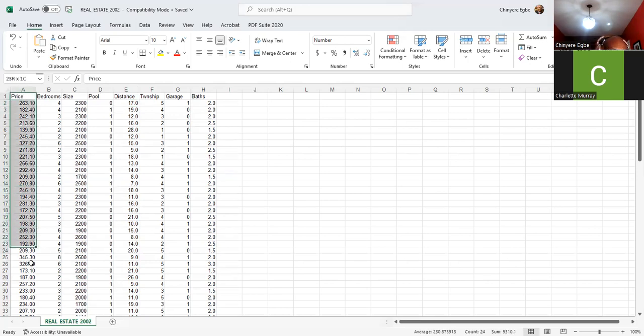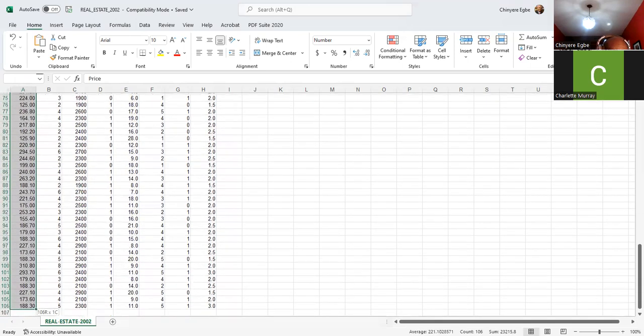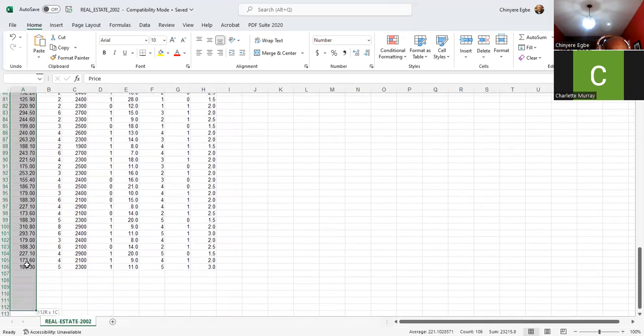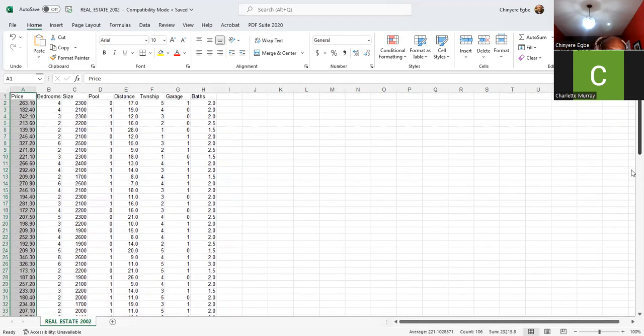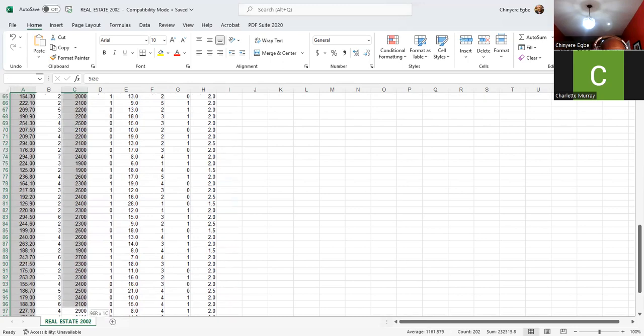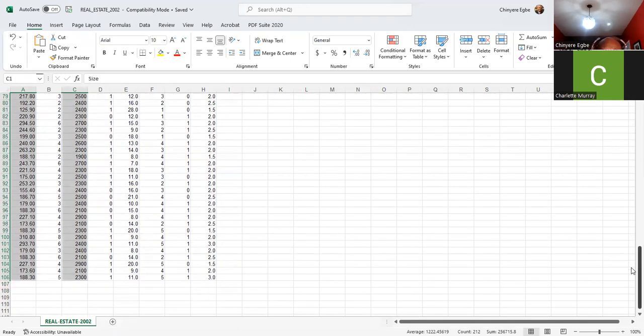So the way you're going to do your assignment is you plot price, and then let us plot size. All right, so we have captured the two variables.